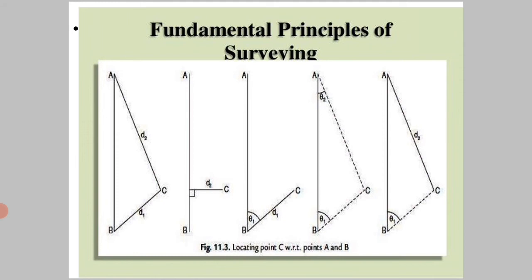Fundamental principles of surveying, and this diagram shows that at least two measurements, linear or angular, are needed to locate a point.